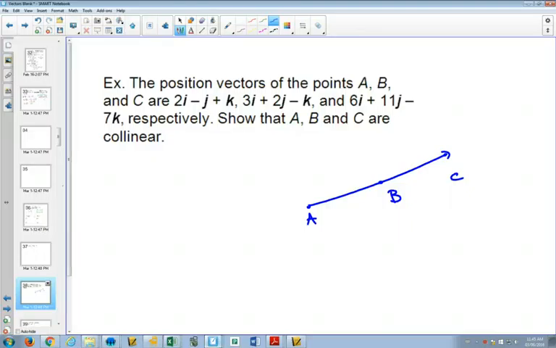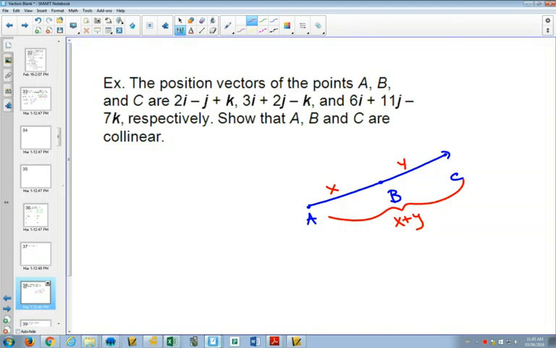So there's 2 different ways, theoretically, that we can go about this. One, we could say if they're in a straight line, then the distance from A to B, call that x, and the distance from B to C, call that y, that has to equal the distance from A to C, needs to be x plus y.